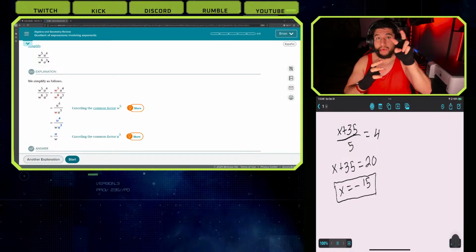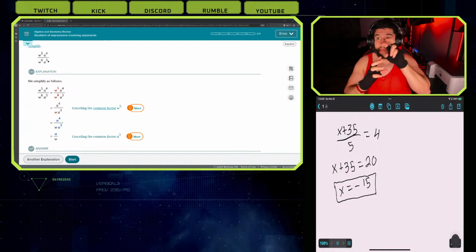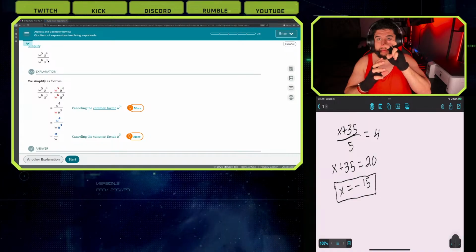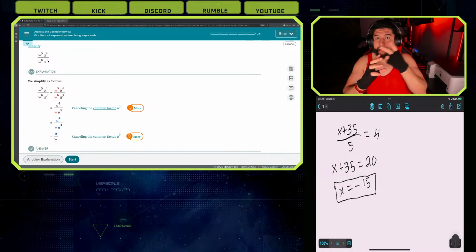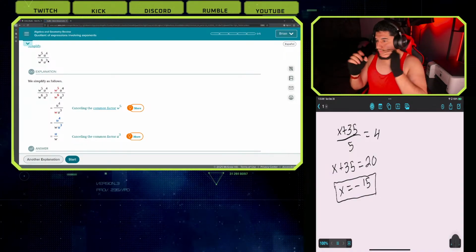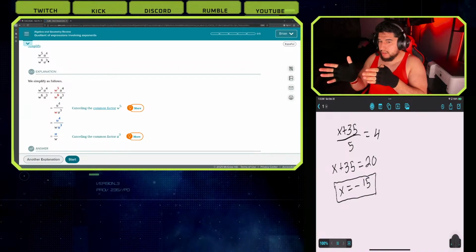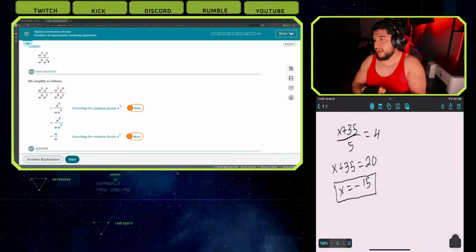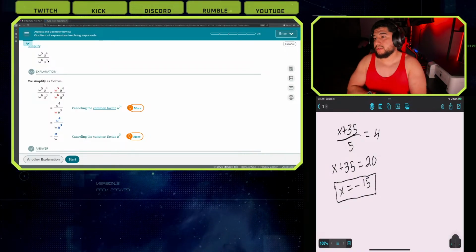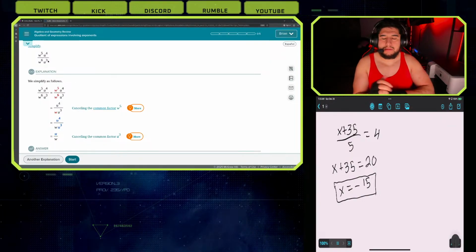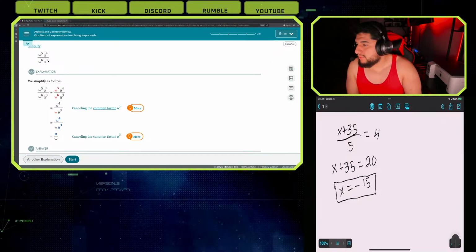You know how we multiplied both of those? Now we're doing the opposite. So we're going to basically subtract the bottom from the top. This we simplify as follows.